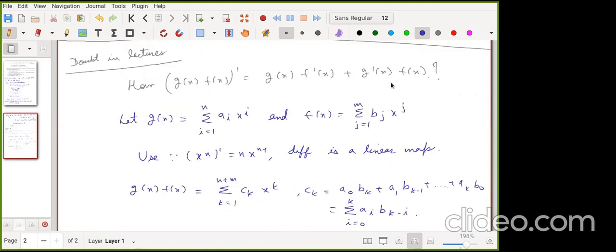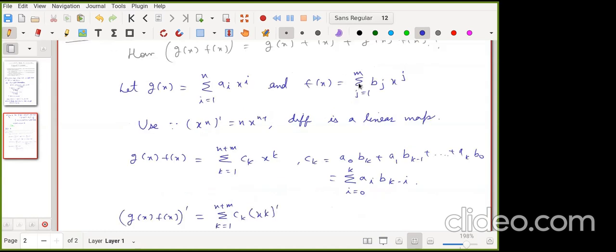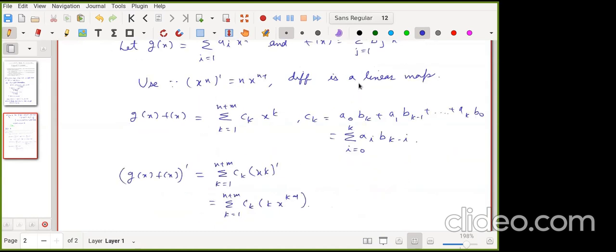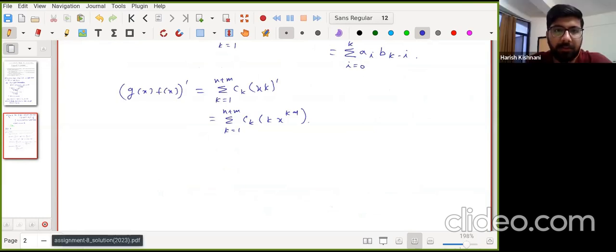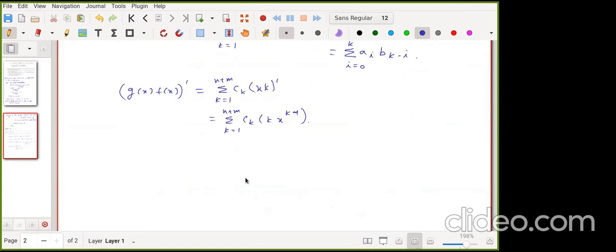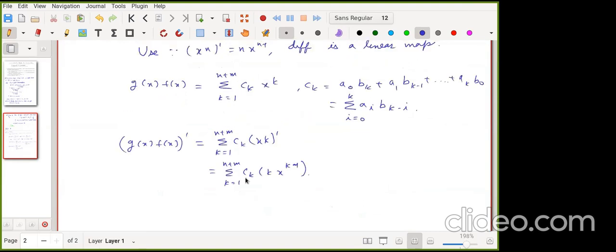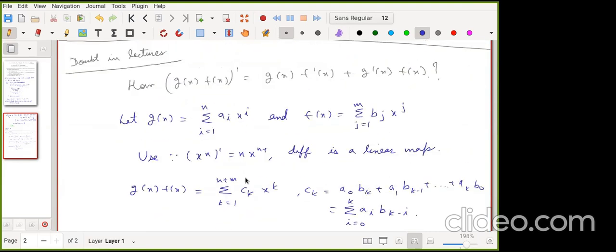Another question I had is, when we are differentiating x to the power n, we are getting n x to the power n minus 1. But we may not actually have n in the field. So how are we taking that? Are we taking the unique homomorphism from Z to that field?